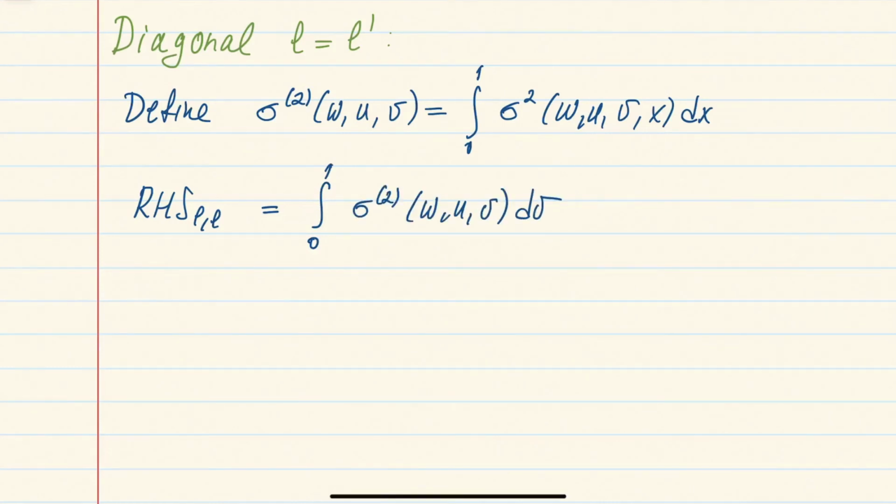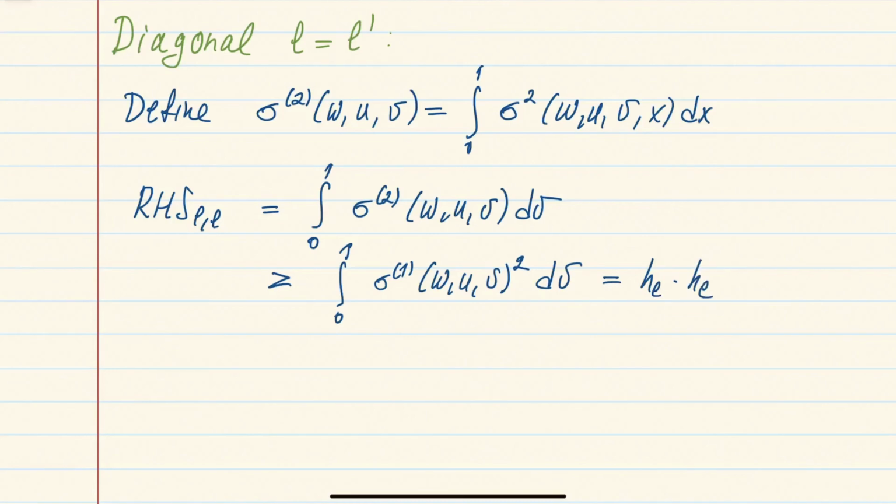And of course, notice that because the integral of the square here is bigger than the square of the integral, we can write this is greater or equal than the integral of function sigma 1 that we defined above, squared. And of course, in the above notation, this is just the scalar product of H_L with itself. So in particular, this also shows that the L2 norm of this function H_L is finite almost surely.